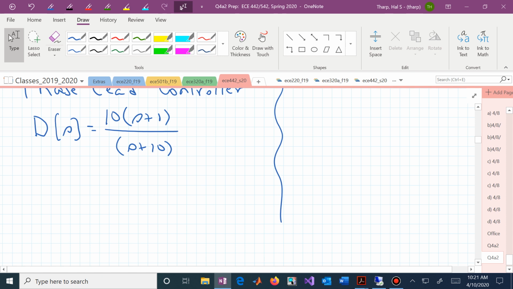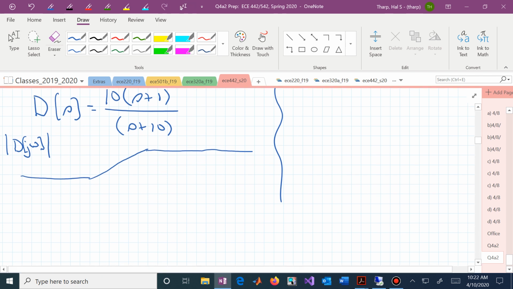If you're remembering your Bode plots, now at DC, this has some gain, and in particular it has a gain of 1, but then it will break and go up because we have a 0 at 1, and then it will flatten out. So this is now what the magnitude response of d of j omega looks like.